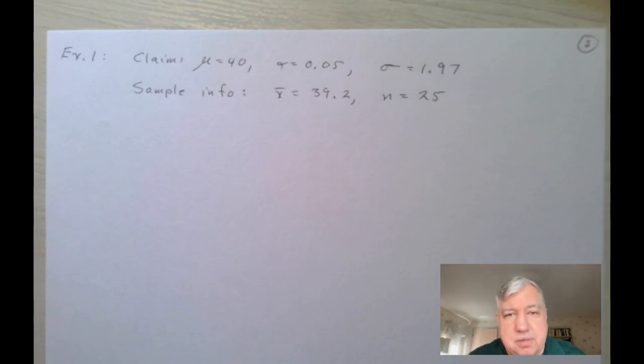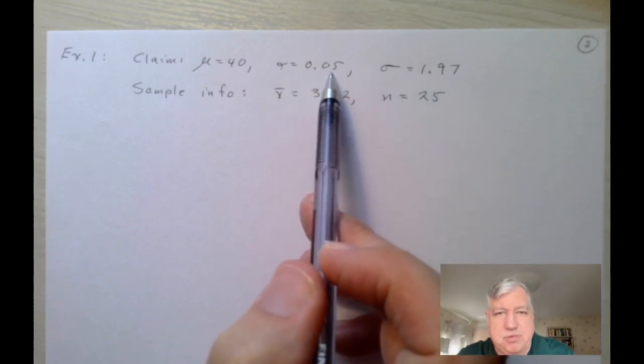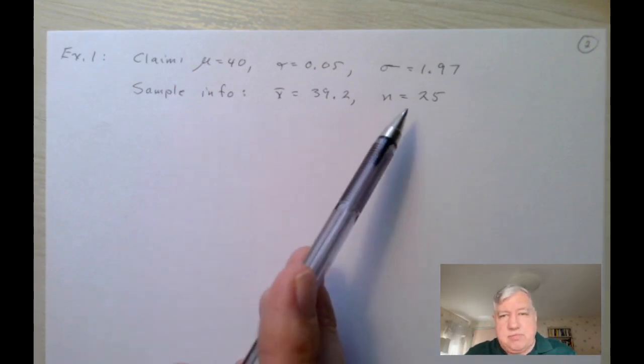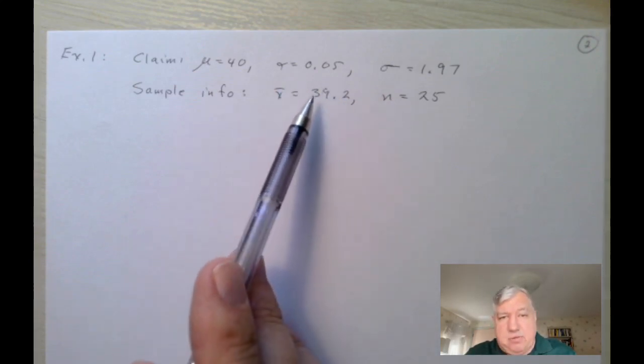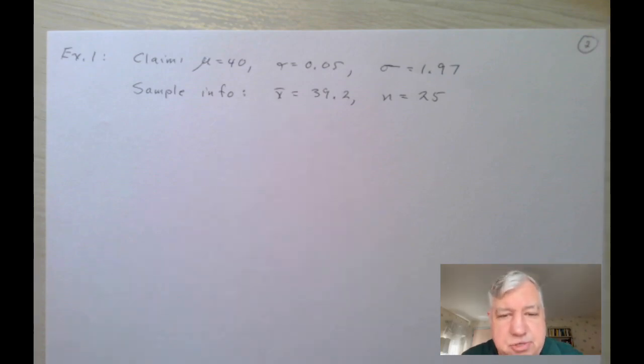Sigma is 1.97, so it's known, and the level of significance is 0.05. You take a sample of size 25 and you get a sample mean of 39.2.